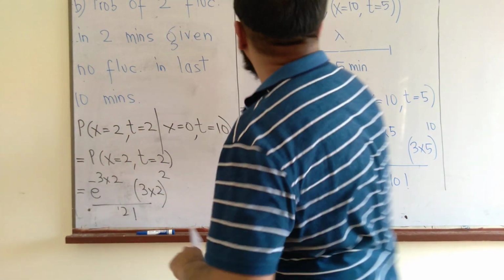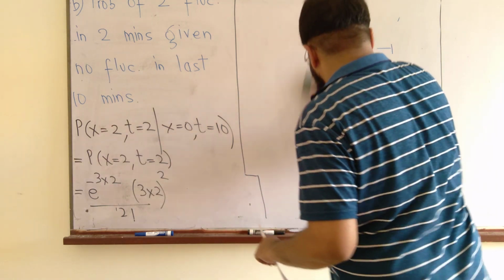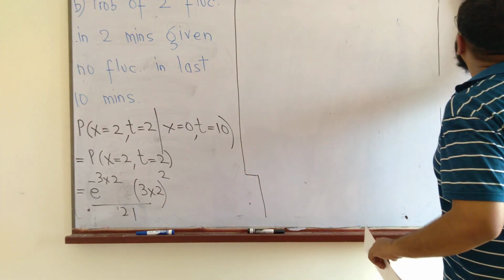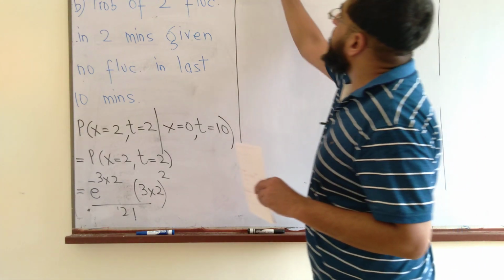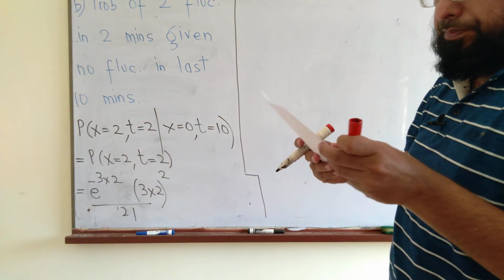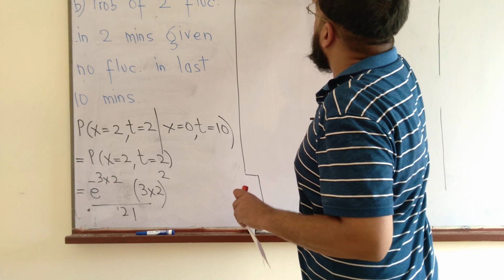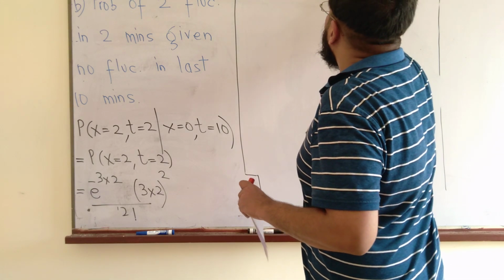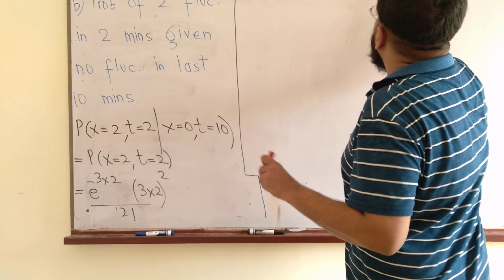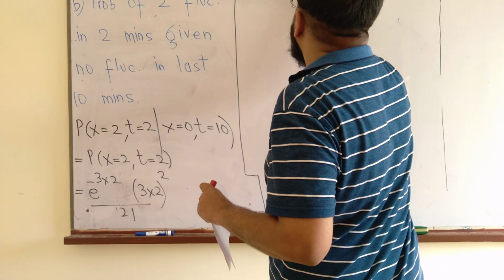In part C, there is a part C for this example where we have to find out the average number of fluctuations in a 10 minutes duration.